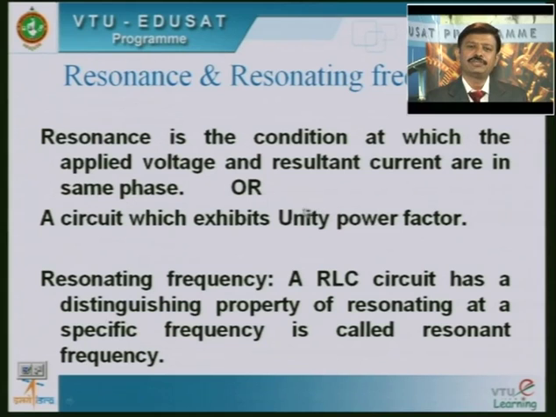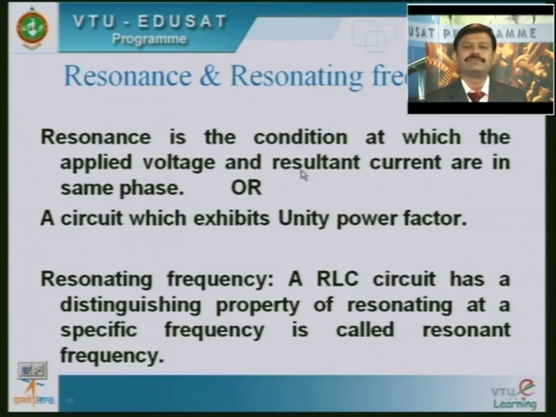When we are getting unity power factor in AC circuits, the circuit behaves purely resistive. That means the applied voltage and resultant current are in the same phase, so the phase difference will become 0, that is, the phi value will be 0. Then cos phi, the power factor, will become 1, because cos 0 is 1.